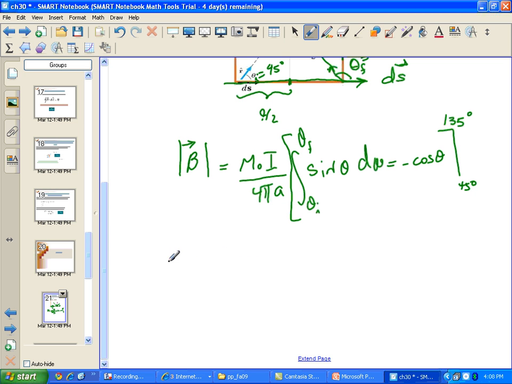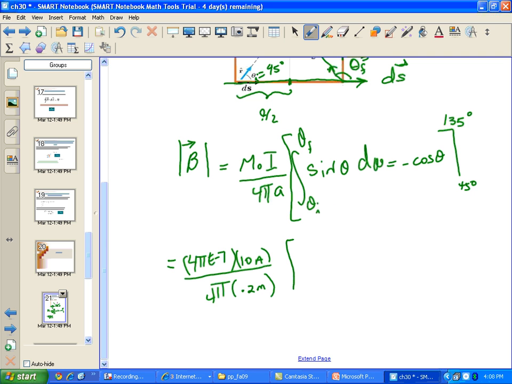And let's substitute the values: mu naught is 4 pi e to the minus 7, I is 10 amps, 4 pi in the denominator times a, which is of course 0.2 meters, because it's L over 2.